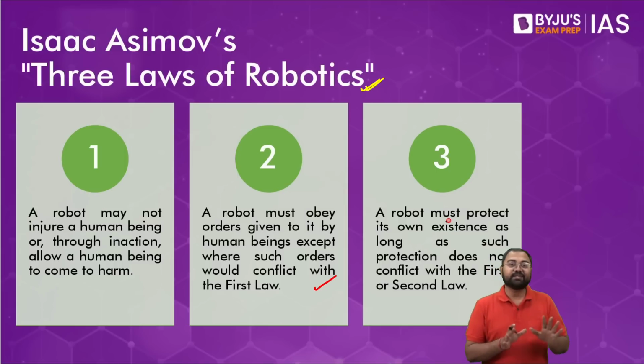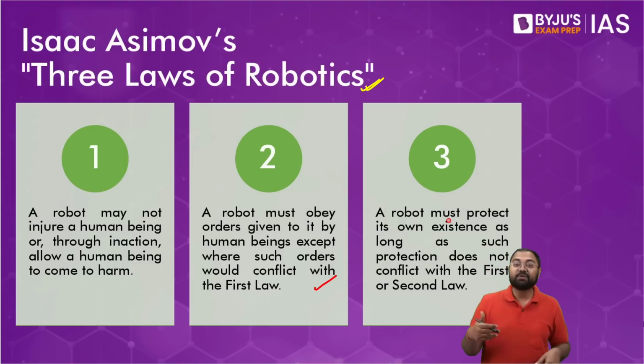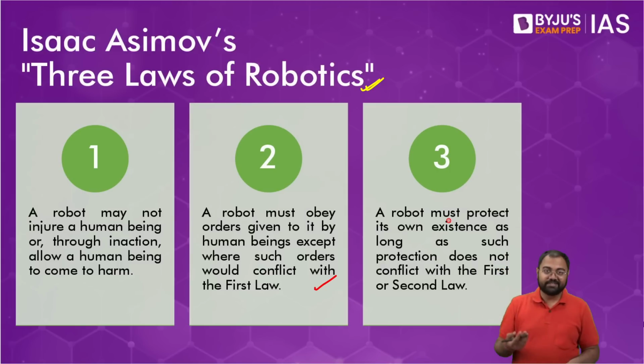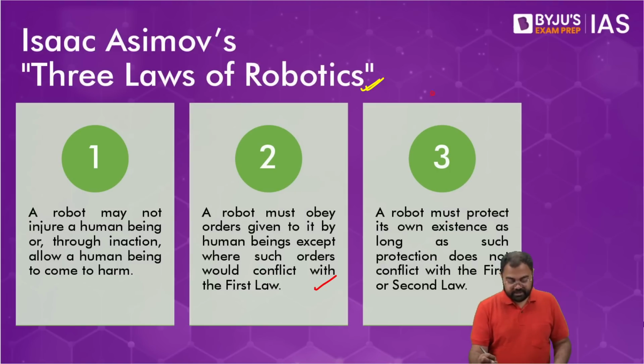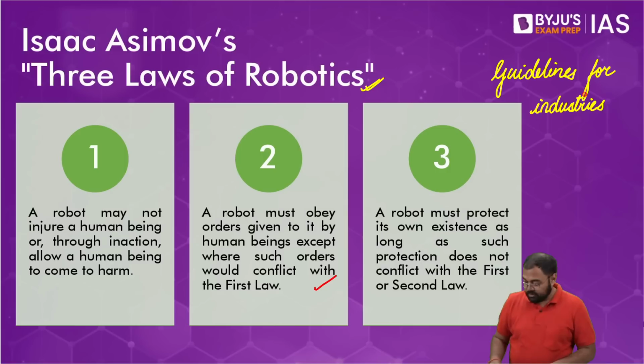These are the three laws that were given, and as you can see, these are not laws that are really being followed by everyone. That's why these are more guidelines for the manufacturing industry, for anyone who's using robots, that he had given.